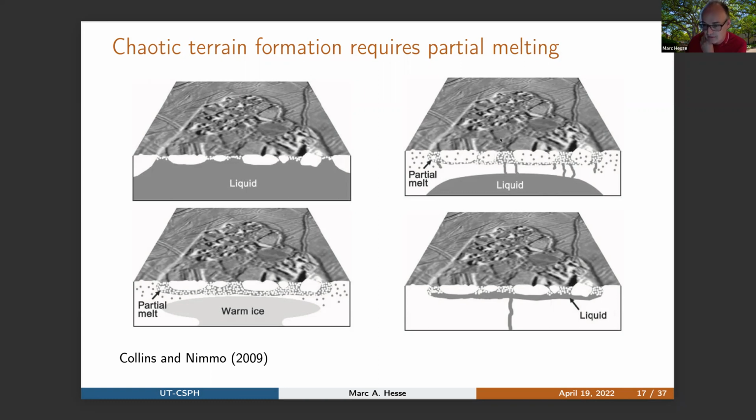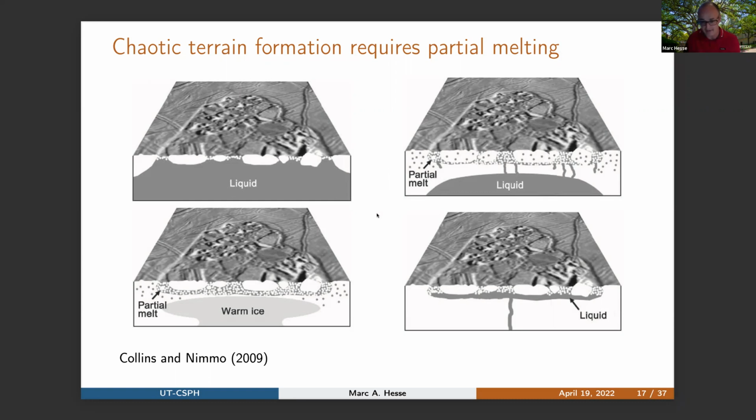And you can see there are these regions that look like broken up ice plates, and then there's this cruddy stuff in between. And clearly, these images suggest that this cruddy stuff in between might actually be some sort of melt or mush that has come to the surface. For example, we see enrichment of sodium over these chaotic terrains, indicating that some sort of salty brine may have come to the surface.